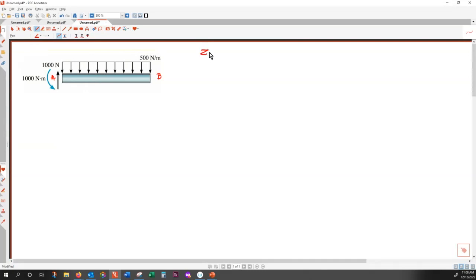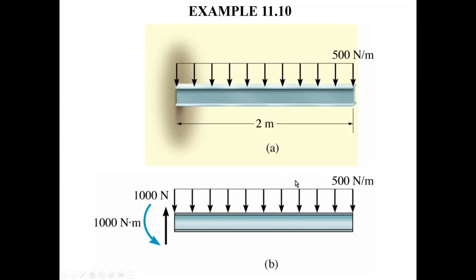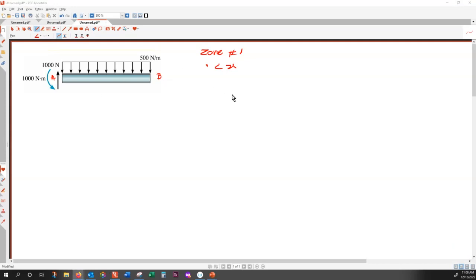Only one zone, zone number one, because the external forces do not change beyond that zone. And this is x between 0 to, and is there a mention of the length? The total length is 2 meter.